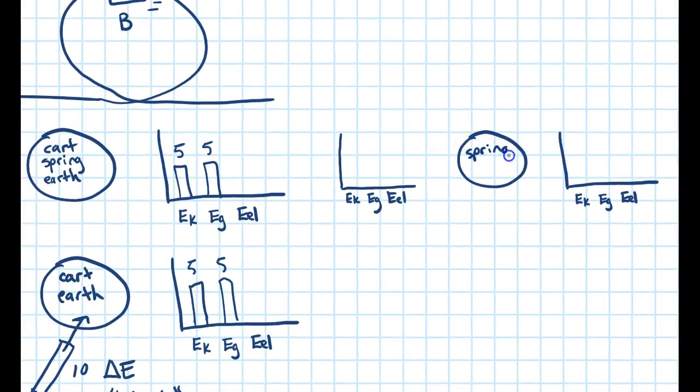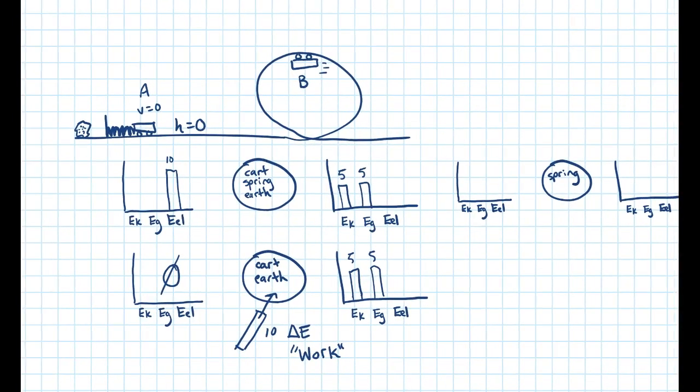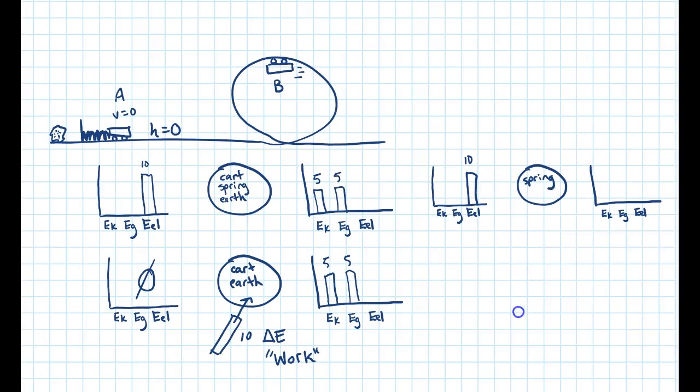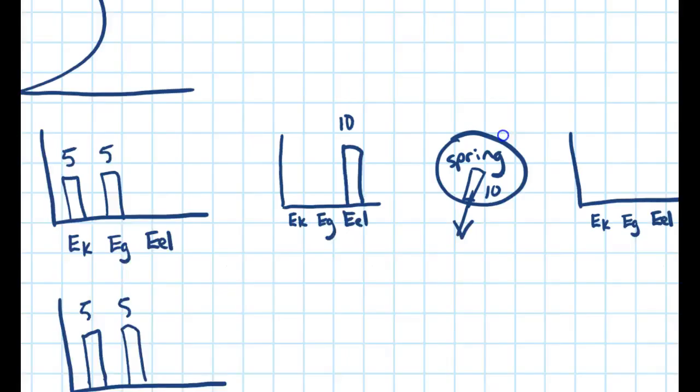And let's just look at the energy of the spring. So coming back to my picture here, the spring at point A is compressed, and so I have all this energy in the spring. And then at point B, well, the spring has launched this thing and is no longer compressed, so there's nothing at the end here. So this time, I've got 10 units of energy leaving the system, and so that's how I would draw that.